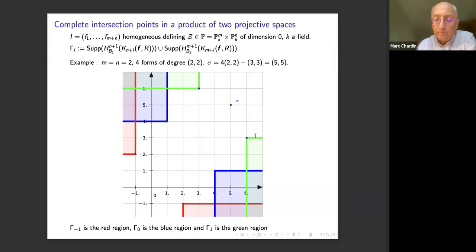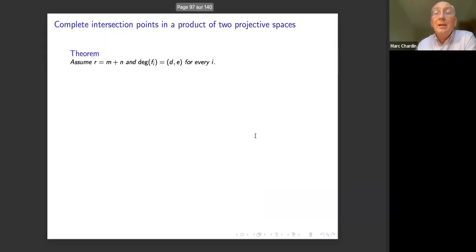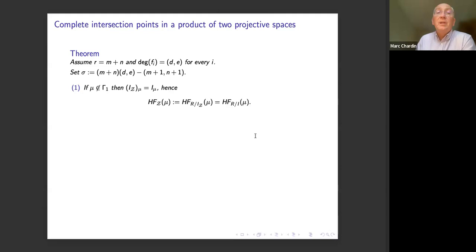Okay, and so now we have a theorem about that. So assume that we are in our situation, and for simplicity, I took the case of points, and I take everybody of the same degree, d, e, okay? Then you set sigma equal to that. And then the theorem says the following.